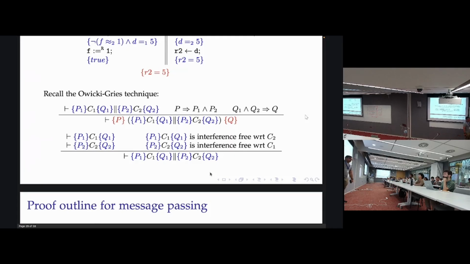What about this one? Is that globally correct? Because it now gets interference from both of the statements on the other side. Okay.